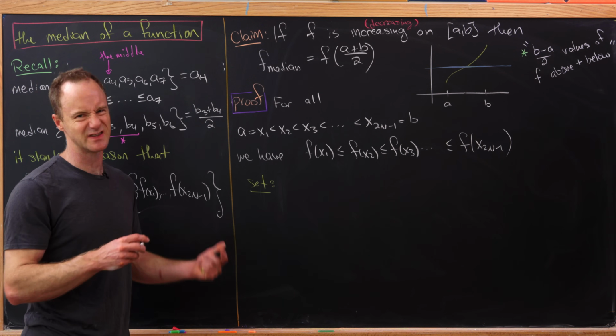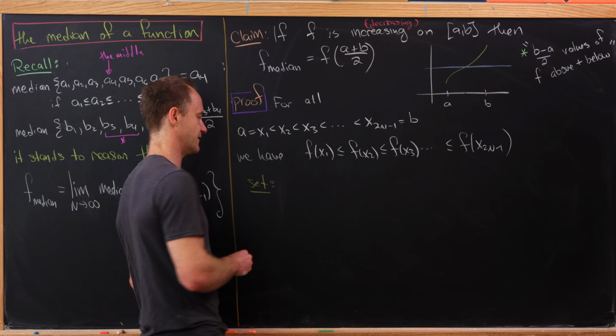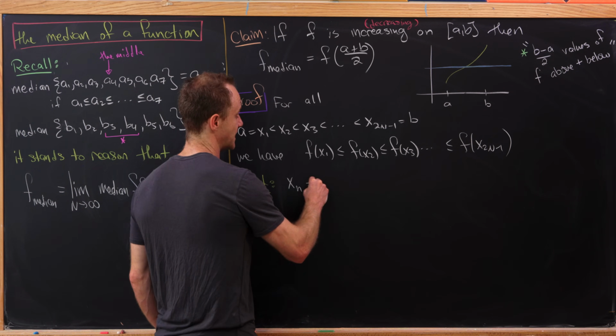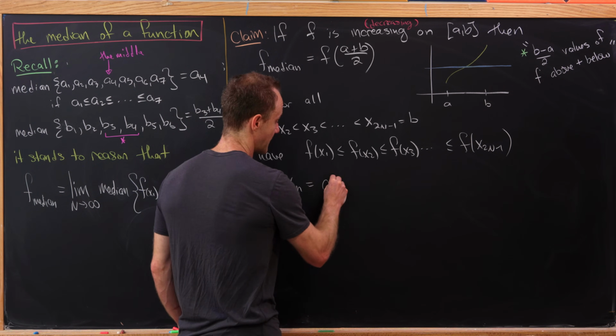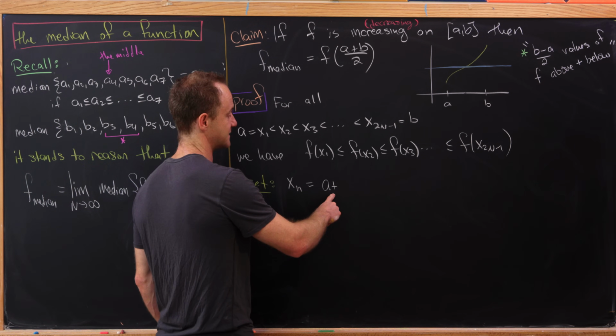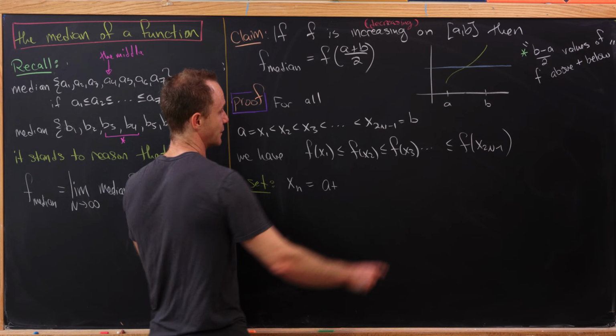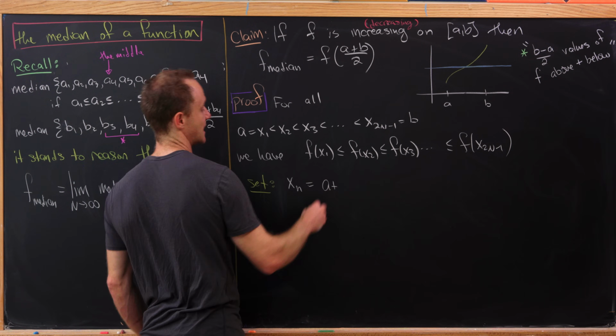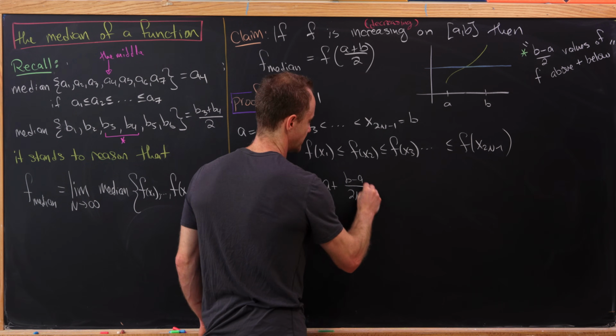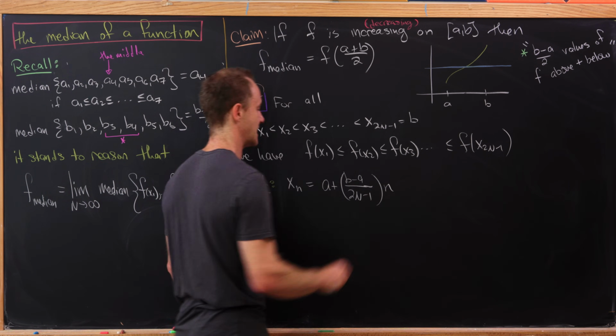Okay, so let's do this using the standard parameterization of these. So in other words, x sub little n will be equal to a plus delta x times n. So delta x will be b minus a over 2n minus 1. So let's write that, b minus a over 2n minus 1 times n.